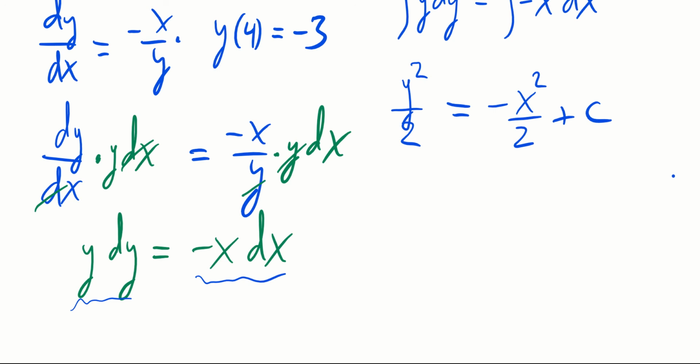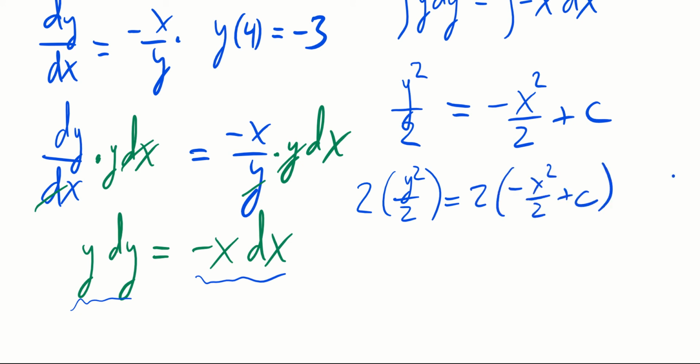So we get y squared over 2 equals negative x squared over 2 plus c. Let's kind of rewrite this a little bit more. Let's actually multiply both sides by 2, to clear fractions.